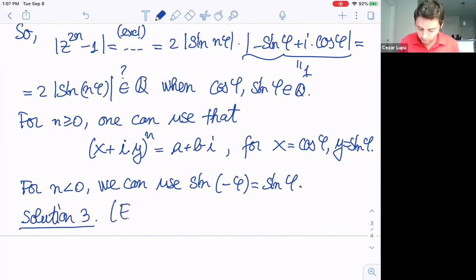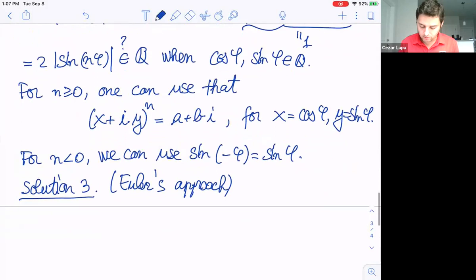we can write this in Euler's form. And what we're going to do is the following. So let's write z as e to the i phi, right?